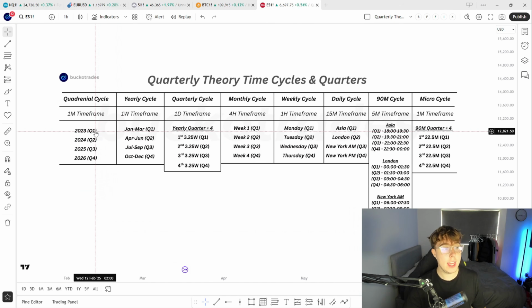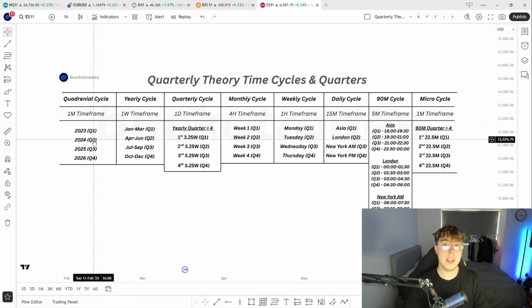The way that this works is every single US election year. For example, 2024 was when Trump got elected. That would be our quarter 2. That's the way we find out which quarter we are trading within for the quadrennial cycle.